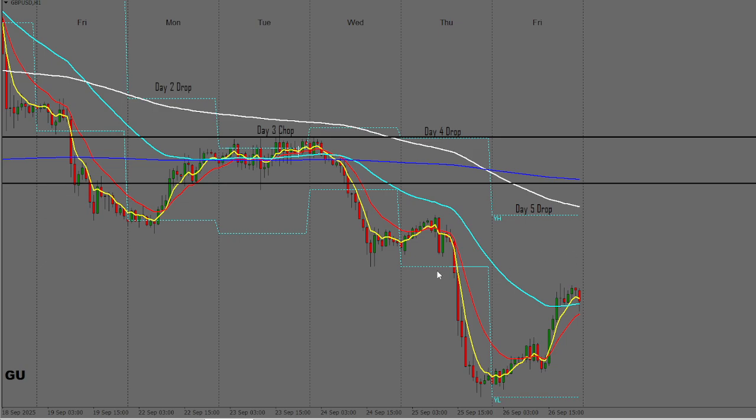So this is day five. Yes, this is a day five drop, and then he pulled back. Also, I am expecting the pair to rise somewhere around about here. GBP USD, maybe not. GBP USD will rise definitely, but I'm not a fan of this type of trade because, as you can see, he already pulled back to the 50 moving average.